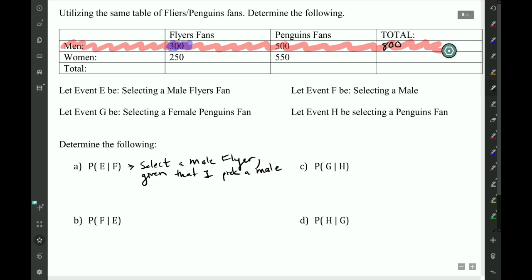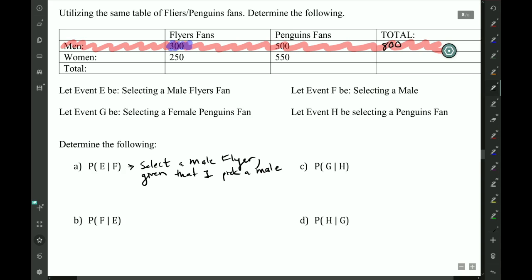There are 300 male Flyers fans over the 800, so 300 over 800. Word problems you can kind of get away with, not so much using the formula, but just kind of analyzing what it's saying. G given H, so female Penguin fan, given that I select a Penguins fan.